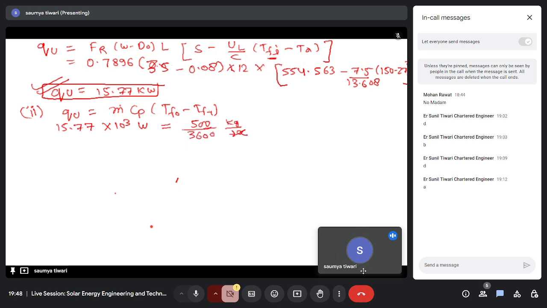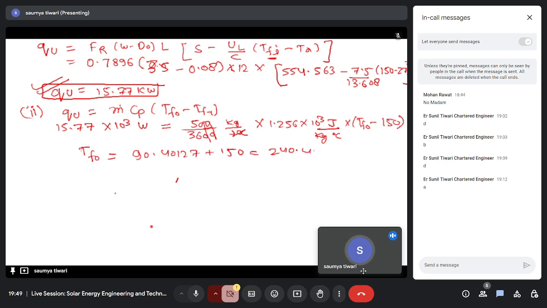Cp we already know, 1.256 into 10 to power 3 joule per kg per degree Celsius. TF naught we need to calculate, and inlet fluid temperature was 150. If we solve this, your TF naught outlet temperature will be 90.40127 plus 150, which comes to 240.40 degrees Celsius. So fluid outlet temperature will be 240.40 degrees Celsius.